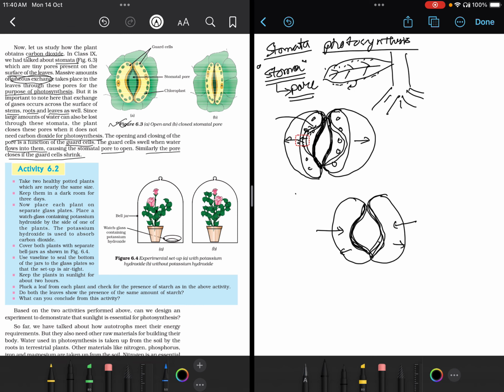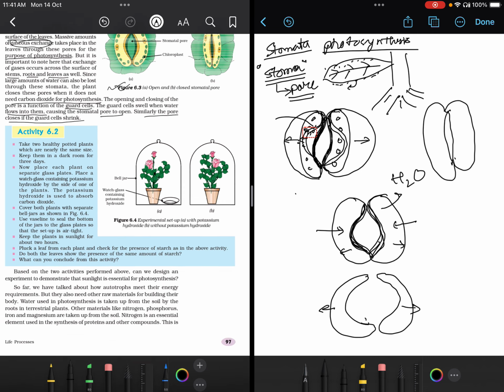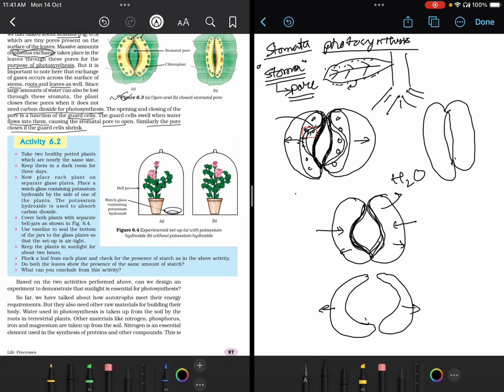So the stomata will open. Got my point? And when it loses water, it will shrink. Then the stomata will close. Simple? You got this point? Right. Okay. There is an activity for you in this, activity 6.2. You will do it yourself.